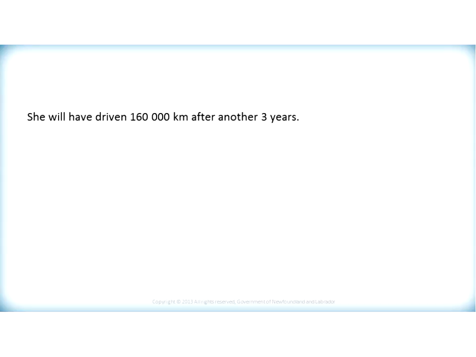This, of course, includes the 3 years after her warranty is up. So she will have driven the car for as long as the warranty is there, and then she decides to drive the car for another 3 years. So that's where we get the 160,000 kilometers.